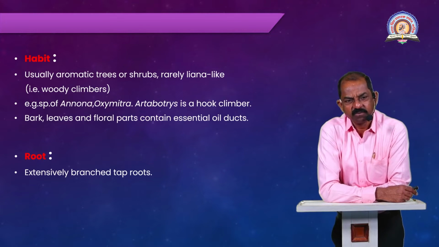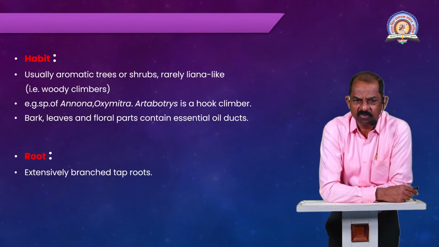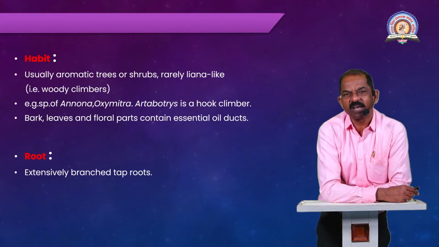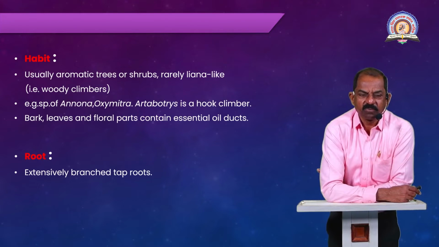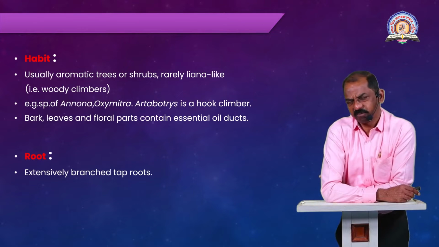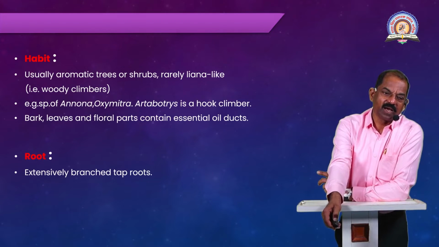That is also one of the important things of this family Annonaceae. In the bark, leaves and floral parts, essential oil ducts are present. We all know that in dicotyledons, taproot systems are present.